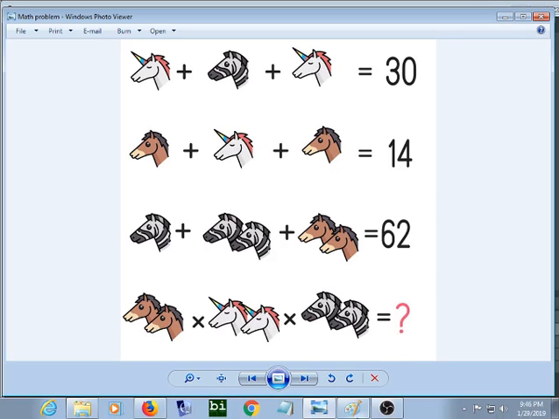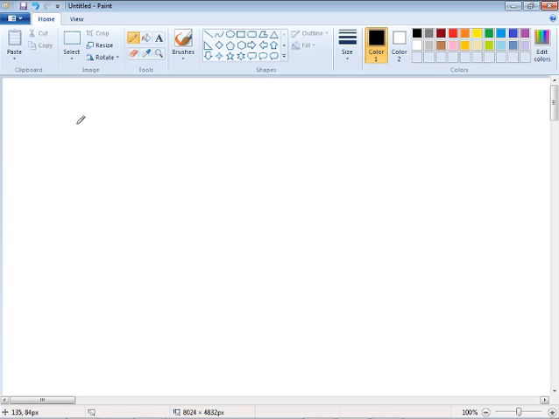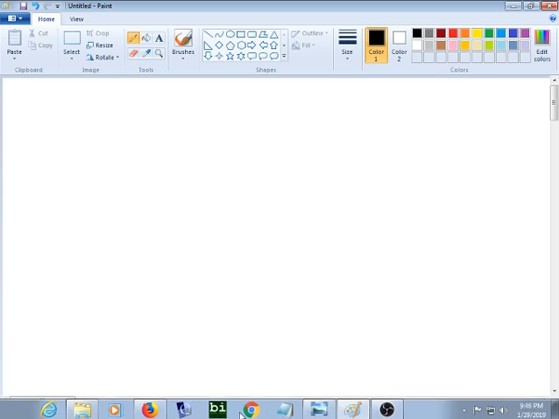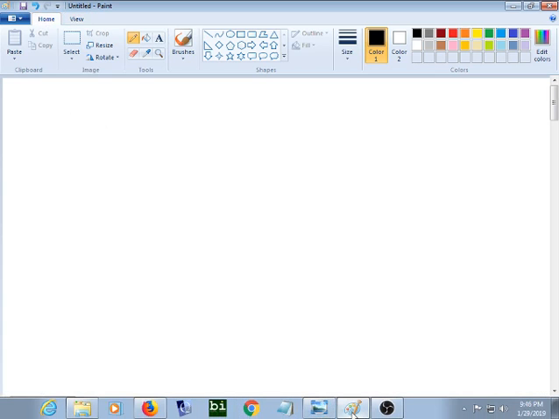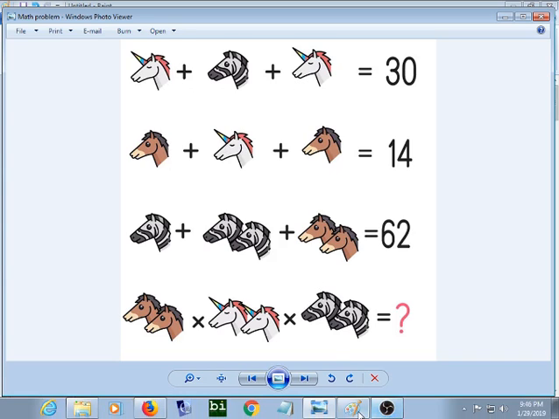The first method I'm going to show you on how to solve this particular problem is a substitution method. The substitution method just says that we're going to substitute one particular equation into another until we can come down to an equation that can solve the problem for us and find out what each one of these actually represents.